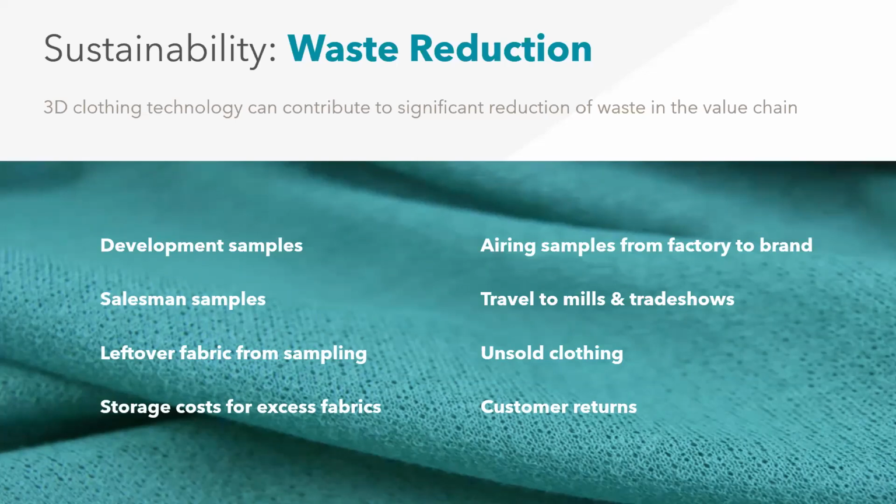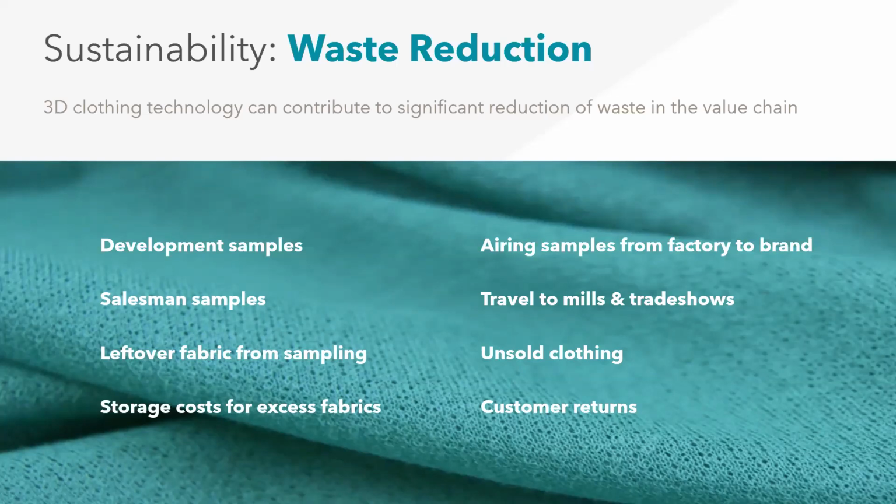But if the brand only needs some of this sample yardage, then they end up having to carry that excess fabric overhead, either by paying for storage or having to sell off, dispose of, or destroy that fabric, which is all waste. Then consider the reduction in shipping costs, reduction in emissions from not having to air as many samples from the factory to the brand, having fewer dropped and added styles, and reduced times where the brand might need to send teams to visit overseas factories and mills.